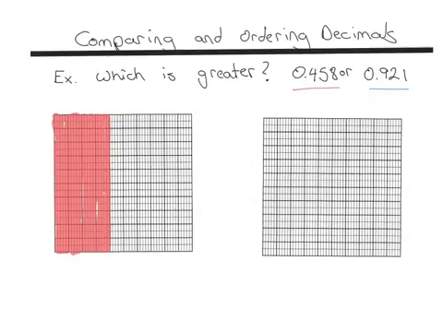The next part is we need 5 hundredths, and remember each square represents a hundredth. So here's 1, 2, 3, 4, 5. There's my 5 hundredths.